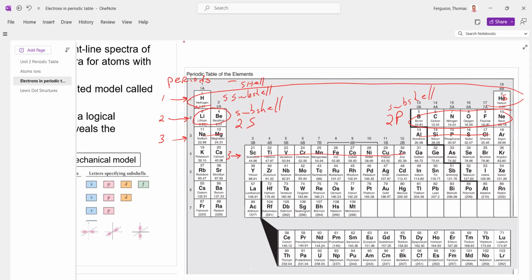Now, one of the things you're going to learn how to do is identify, for example, we look at lithium. Lithium has 3 electrons. Its atomic number, not its atomic mass, atomic number is 3. It means it has 3 electrons, 3 protons.